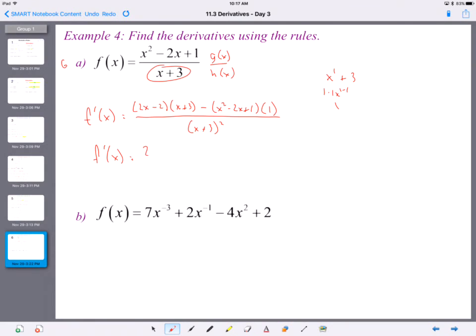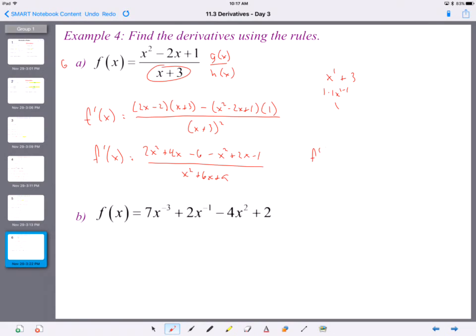And now you just simplify. So on top it looks like you're going to get 2x squared, 6x minus 2x would be plus 4x minus 6. And then minus that entire quantity, x squared plus 2x minus 1, all over x squared plus 6x plus 9.